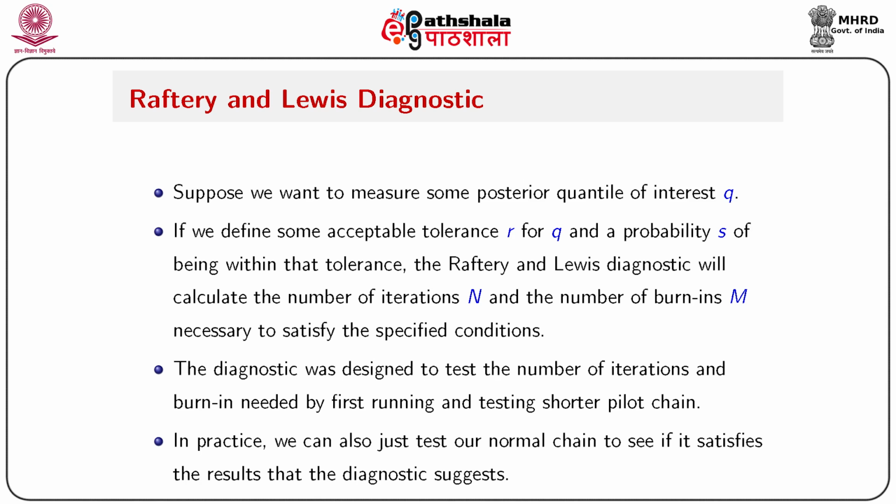Another diagnostic method is the Raftery and Lewis diagnostic. Suppose we want to measure some posterior quantity of interest Q. If we define some acceptable tolerance R for Q and the probability S of being within that tolerance, the Raftery and Lewis diagnostic will calculate the number of iterations N and the number of burn-in M necessary to satisfy the specified condition.